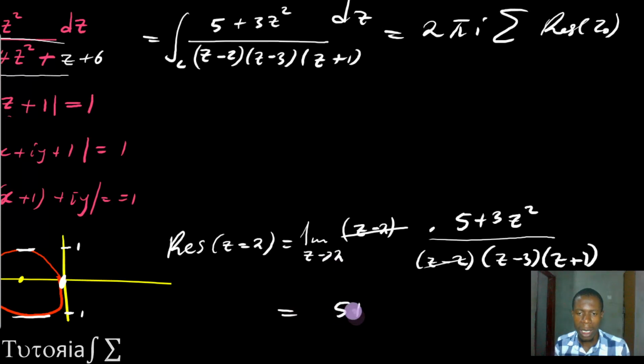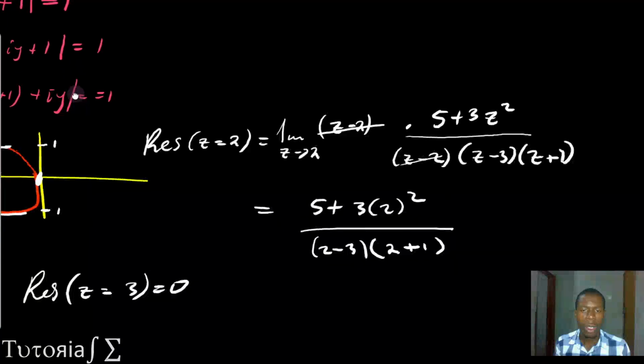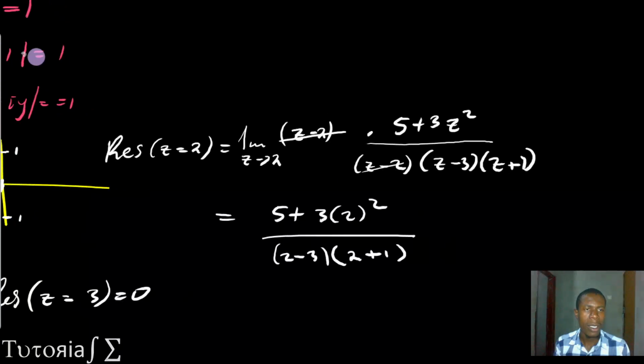So 3 times 2 squared is 12, 12 plus 5, all over 2 times 2 minus 3, so this simplifies to a residue of 17 over -2.